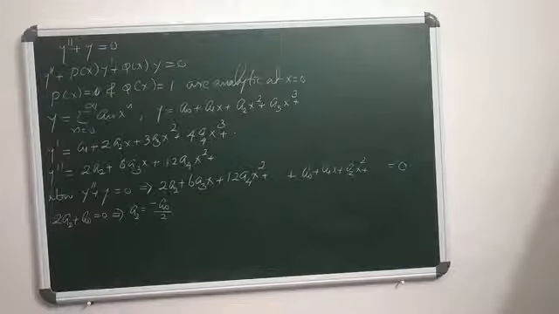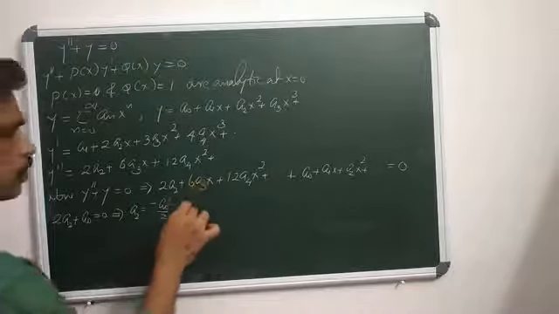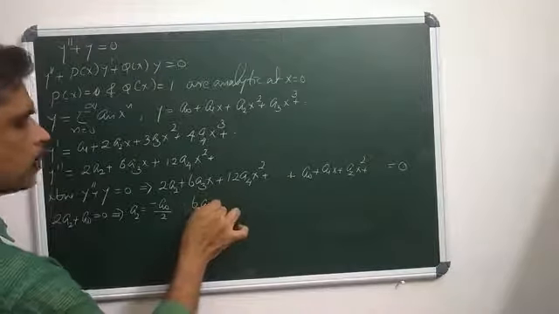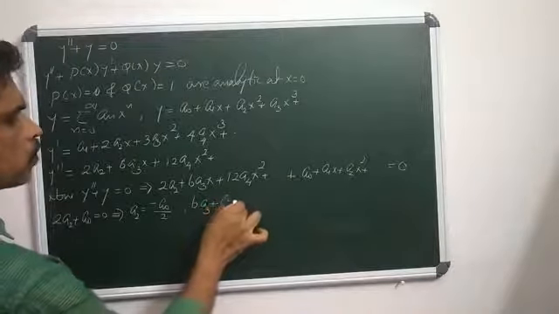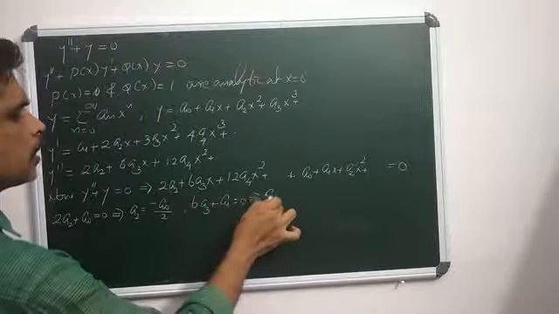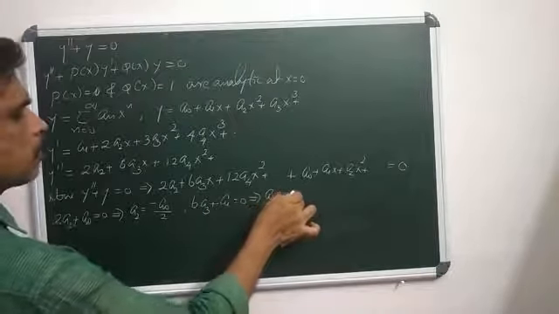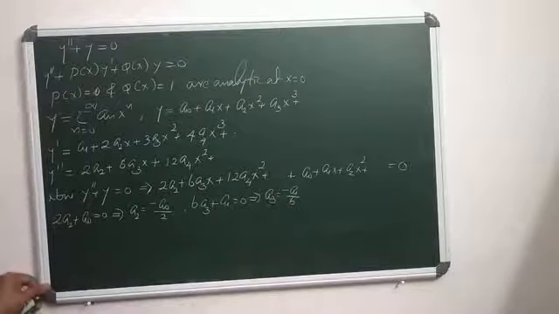When you compare the coefficient of x, 6a3 plus a1 equals 0, so a3 equals minus a1 by 6.